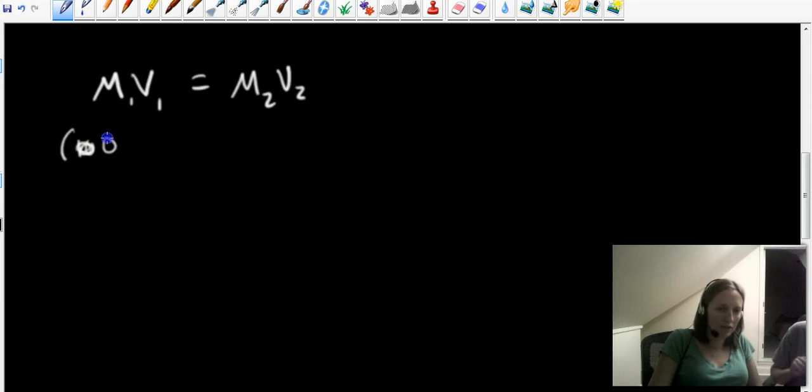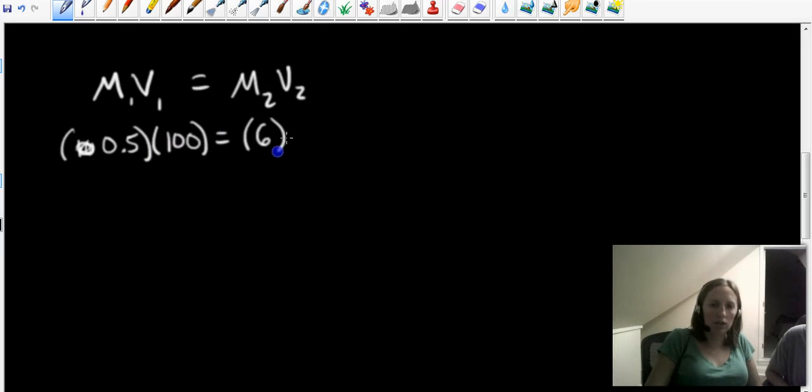The molarity is 0.5. The volume is 100 mLs. And then what I have is 6 molar HCl, and we don't know V2. So that's 50 over 6 equals V2.